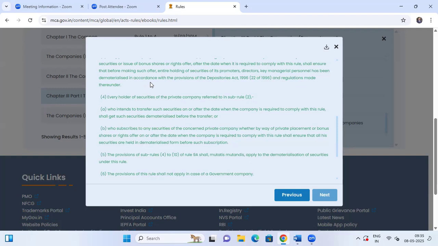First, ISIN facility has to be given to all shareholders, but the company cannot force the shareholders to do it immediately. So first, promoters, directors, and KMPs have to complete their dematerialization.